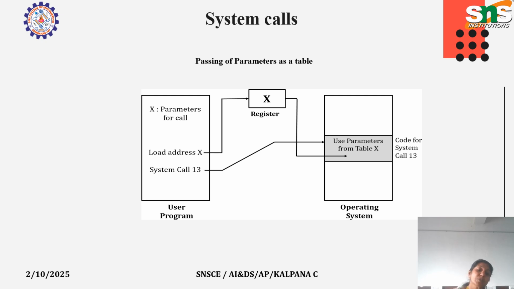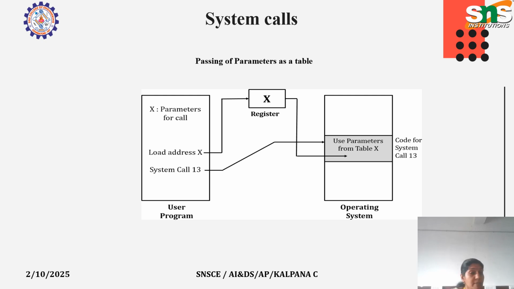For passing a parameter, we can do this in three ways: with the help of a stack, with registers, which can hold the data, and the third is as a table or block. Here we are passing the parameter as a table.